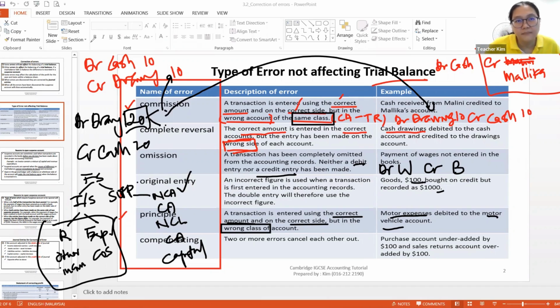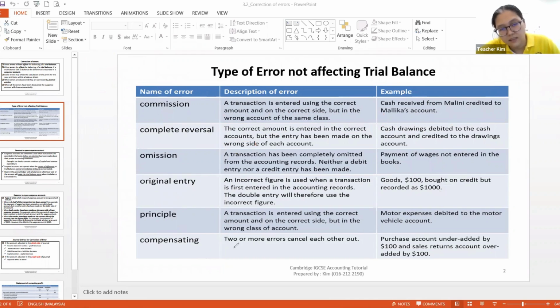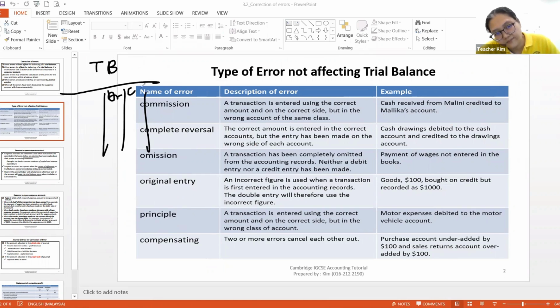Okay, next, compensating. Compensating means that in your trial balance, when you prepare it, you have 2 or 3 errors, but somehow all the errors offset each other. For example, purchases by right should be on the debit side. Sales should be on the credit side.